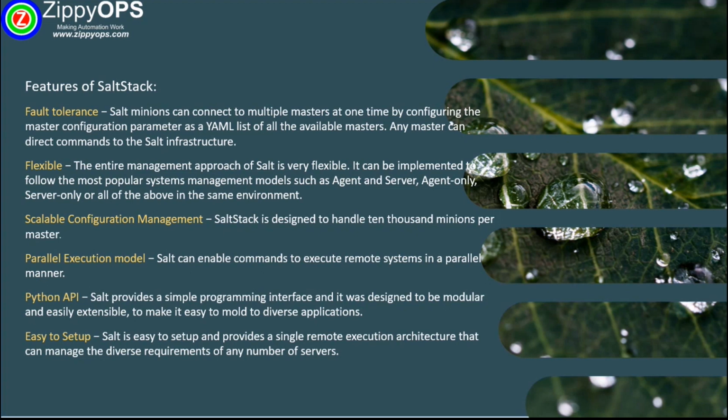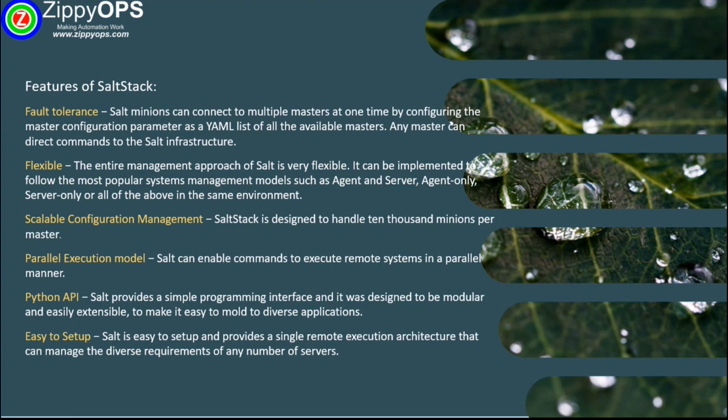I don't want the master, I want only the agent to be installed, and for the agent I can directly give the instructions in the state files, and that can also be achieved. Or you can configure it so that on the same machine you have the Salt master, and the Salt master can manage on its own. So this is the flexibility part. You choose which topology you want to use.